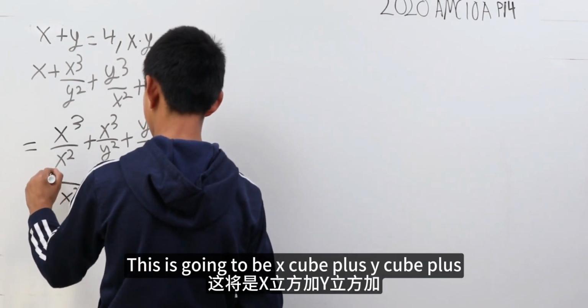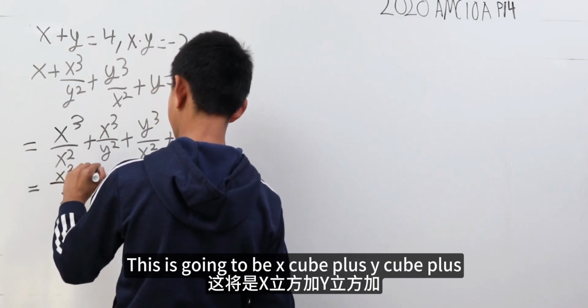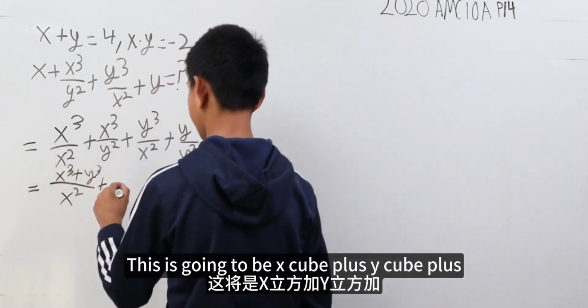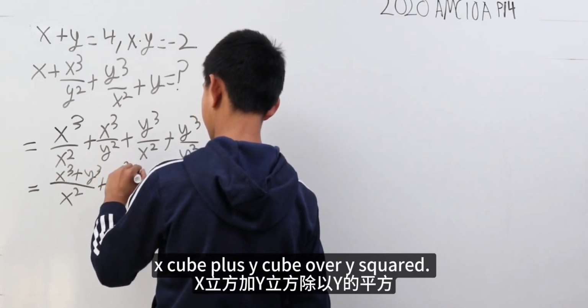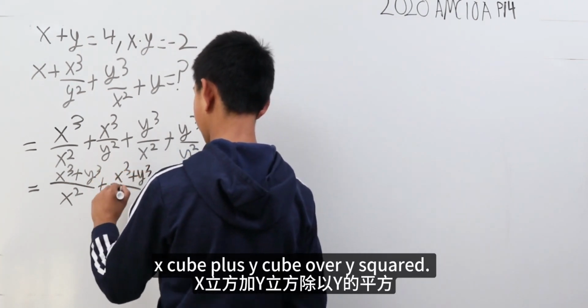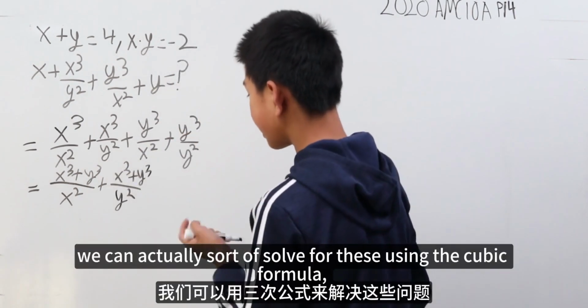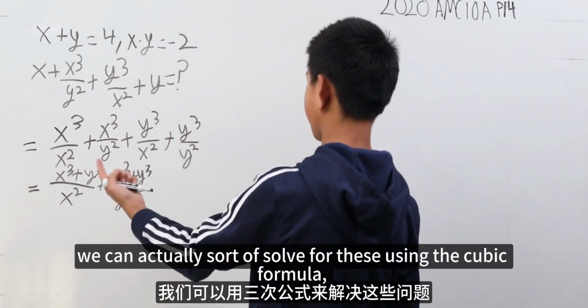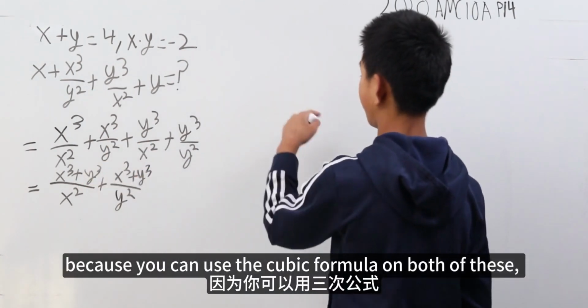For x squared, this is going to be x cubed plus y cubed, plus x cubed plus y cubed over y squared. Now, we can actually solve for these using the sum of cubes formula, because you can use it on both of these.